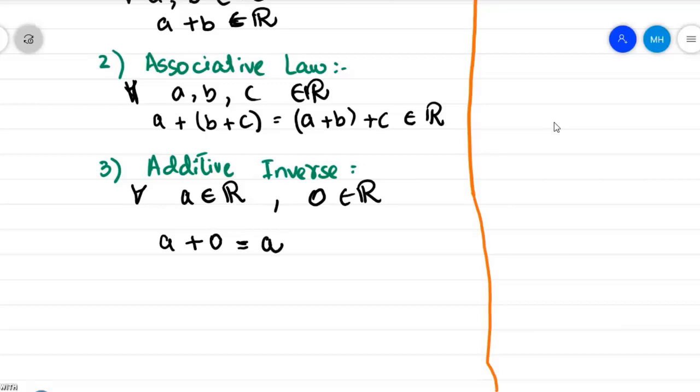As we have A belonging to the real numbers, and there exists 0 in the real numbers, if I add 0 to A, there is no change in A, no change in that specific number. It means that 0 is the additive identity.